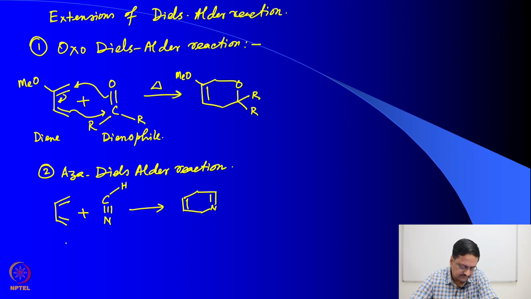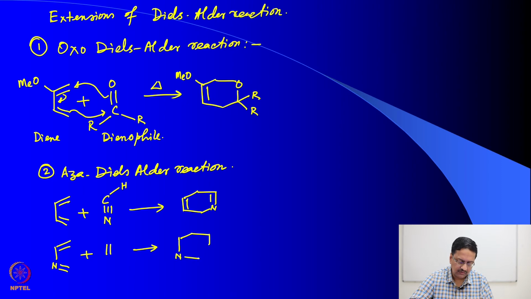So, similarly, one can have a nitrogen in the diene. Similarly, one can have nitrogen in the diene and treat it with an alkene, which is a dienophile, and convert it into a heterocyclic compound like this.